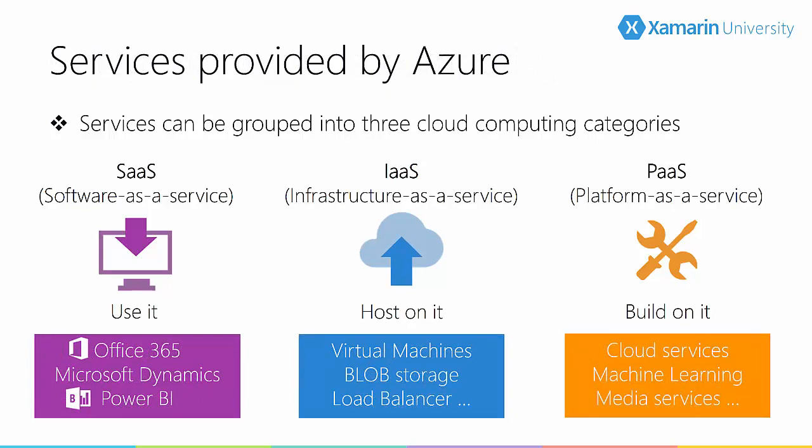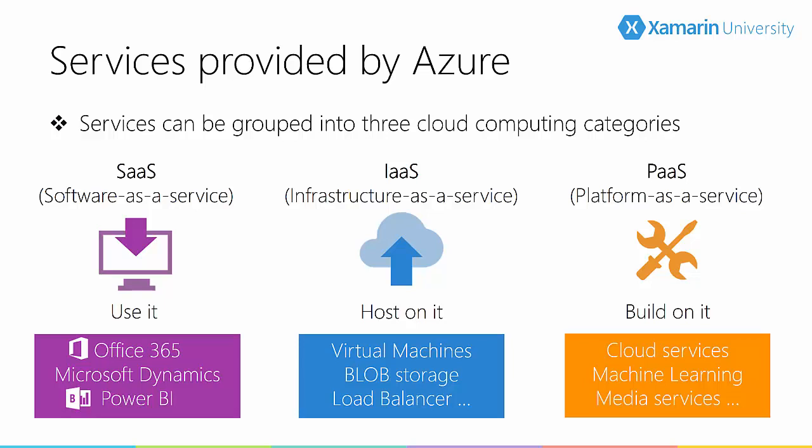On the software as a service side, we have Office 365, where we can collaborate online with our coworkers or others. We have Microsoft Dynamics, which is Microsoft's CRM solution, and we have Power BI, which provides interactive data analytics and visualization tools. For infrastructure as a service, this is what most people think of when they think of Azure, because it provides VMs where we can host Linux or Windows and various storage options to hold our data.